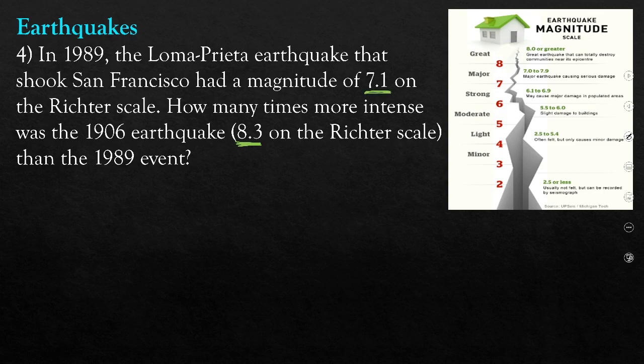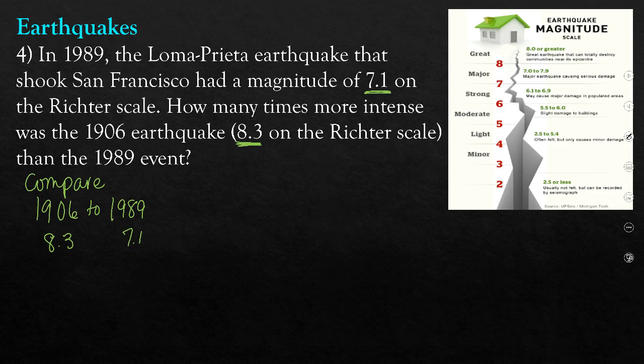So we're comparing magnitudes. We're comparing the 1906 to the 1989 earthquakes. The one in 1989 had a 7.1 on the Richter scale, and the one in 1906 had an 8.3. So how much more intense is the one that happened in 1906 than the one in 1989?